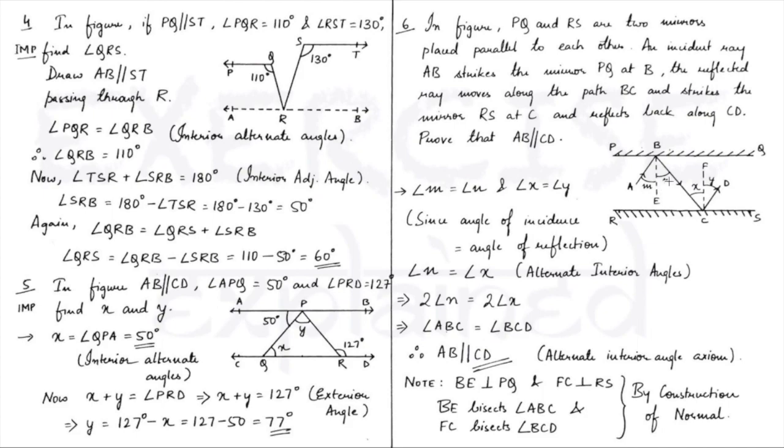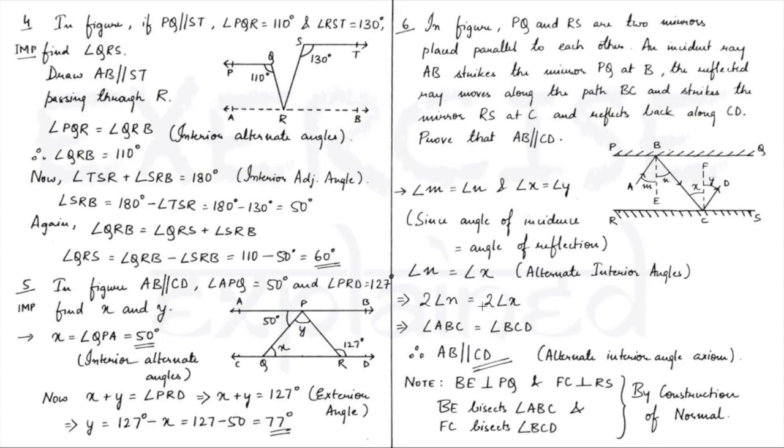So that is the whole reason why we write angle N, that you can see over here, is equal to angle X over here. So when angle N and angle X are exactly the same, what we get is, since these two are parallel lines, that is by alternate interior angles.